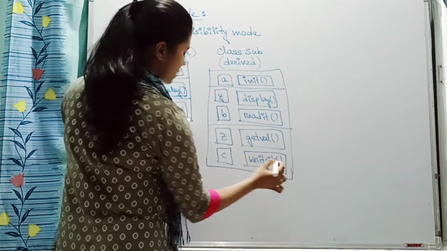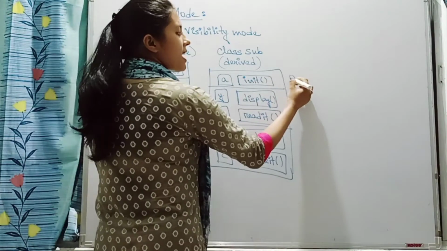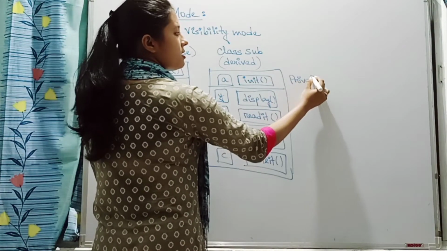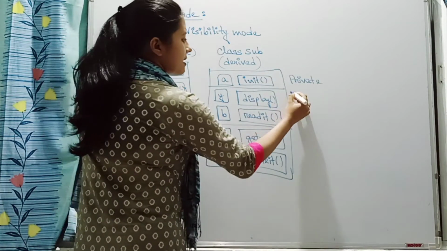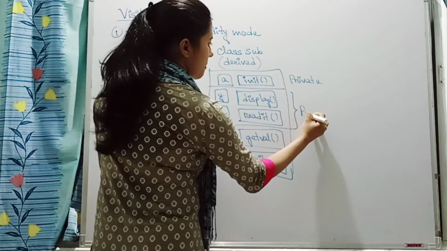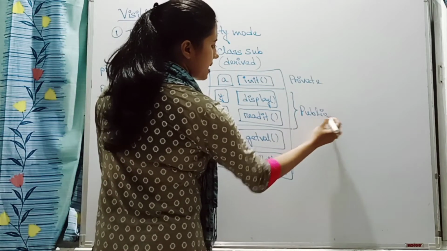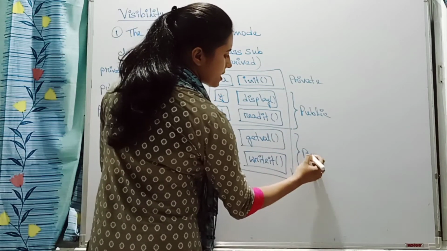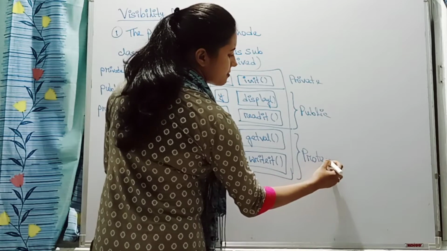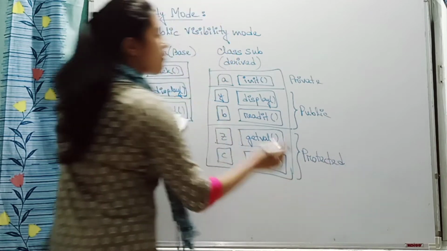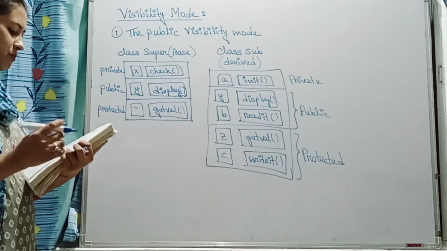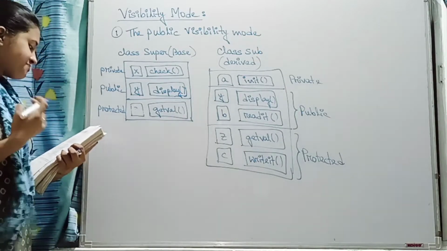Okay. So here you see this is the private section of the subclass. This is the public section of the subclass and this is the protected section of the subclass. Okay. So now how this public visibility mode will work, you see.